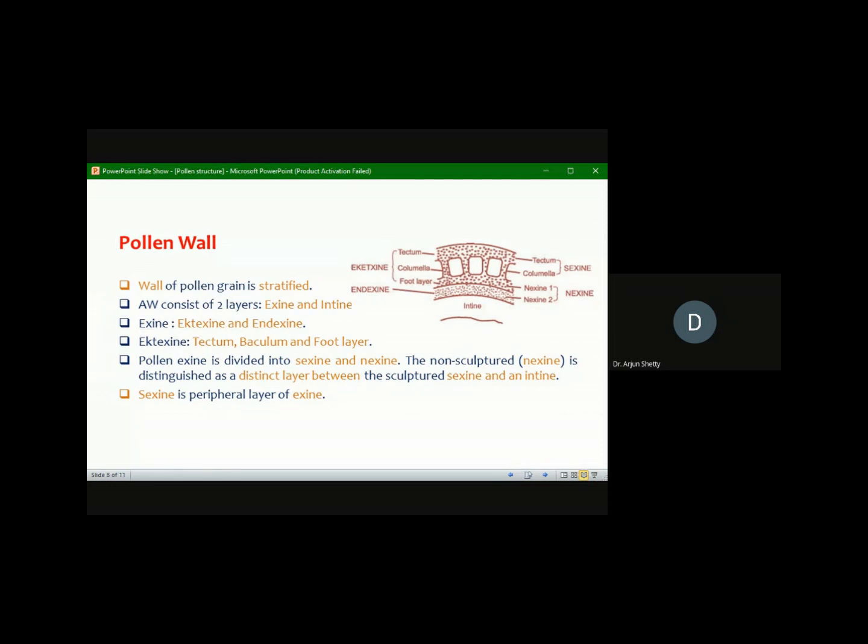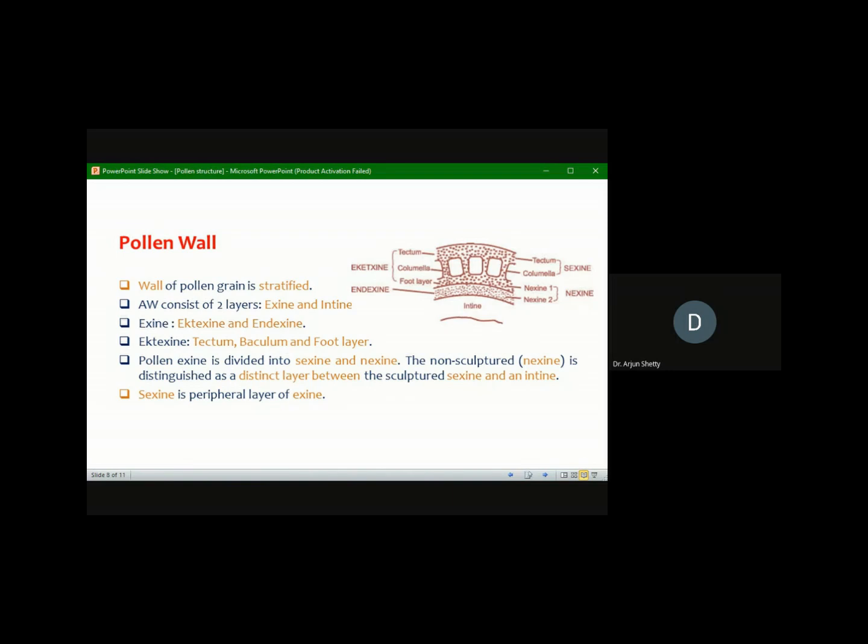Further, based on a deeper classification by composition as well as structure, the whole pollen wall is classified into three layers: tectum, columella and nexine. Only the exine is structurally classified into ectexine and endexine. Tectum and columella are the parts of the sexine.